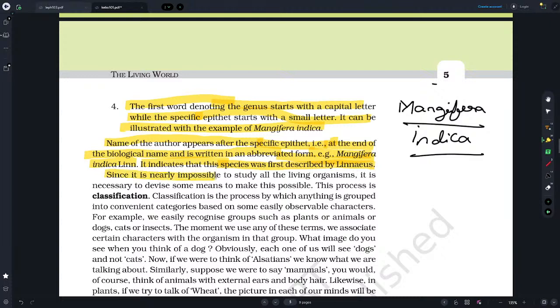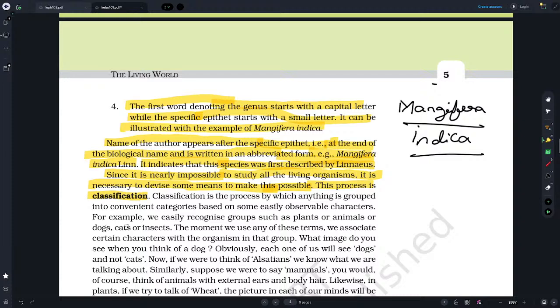Since it is nearly impossible to study all living organisms, it is necessary to devise some means to make this possible. This process is called classification. Nomenclature is the naming of organisms. Identification is identifying, understanding, or differentiating that organism from other organisms.